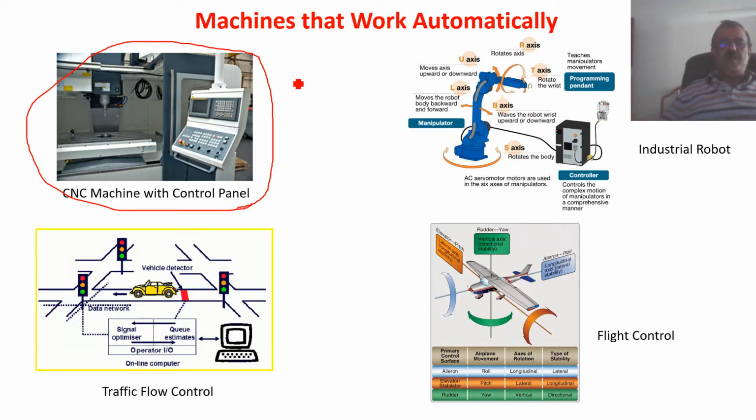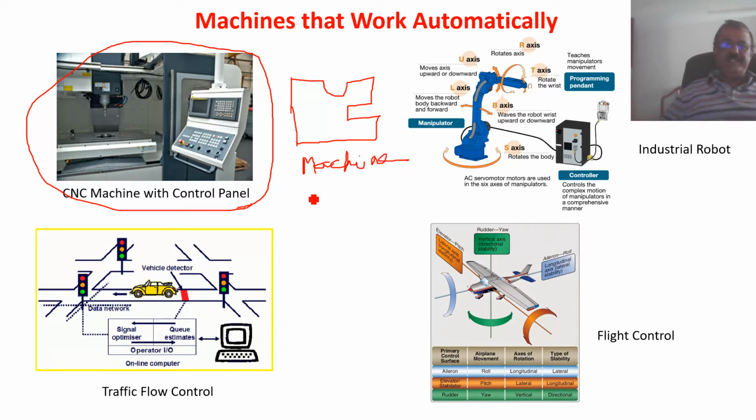Suppose we want to produce a part, the drawing of which will be available to you, say something like this with the dimensions. Let us say we want to machine this part on a CNC machine.